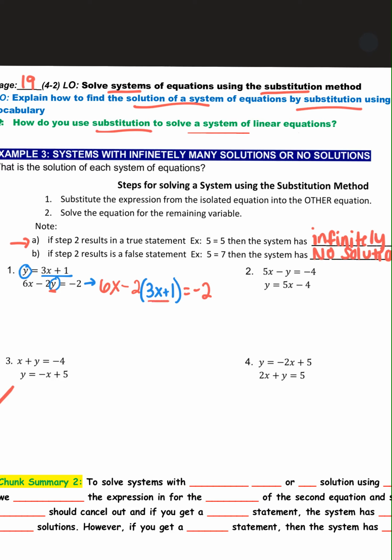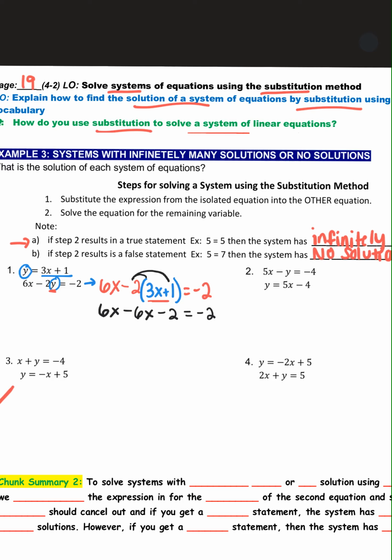Now solving equations, I need to first distribute. That's a rule from solving equations in topic 2. So I get 6x, and then negative 2 times 3x is negative 6x, and negative 2 times positive 1 is negative 2, equals negative 2.